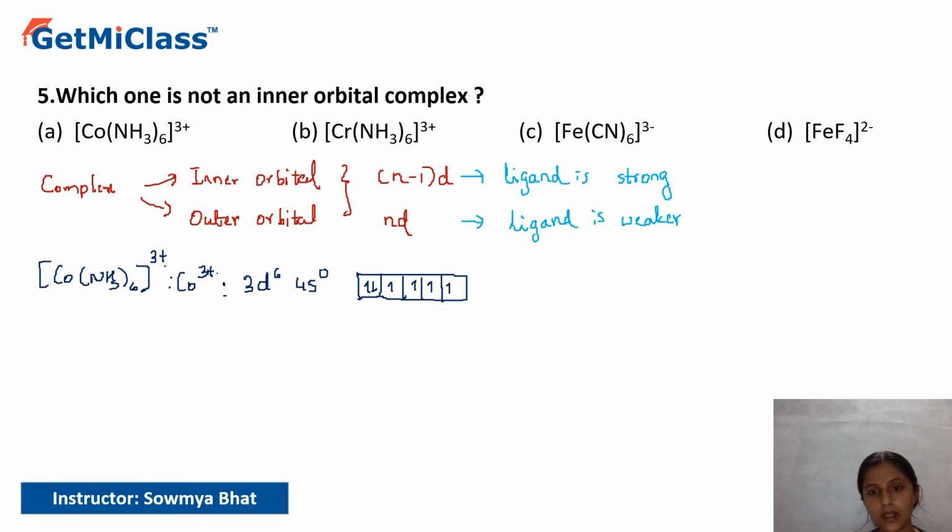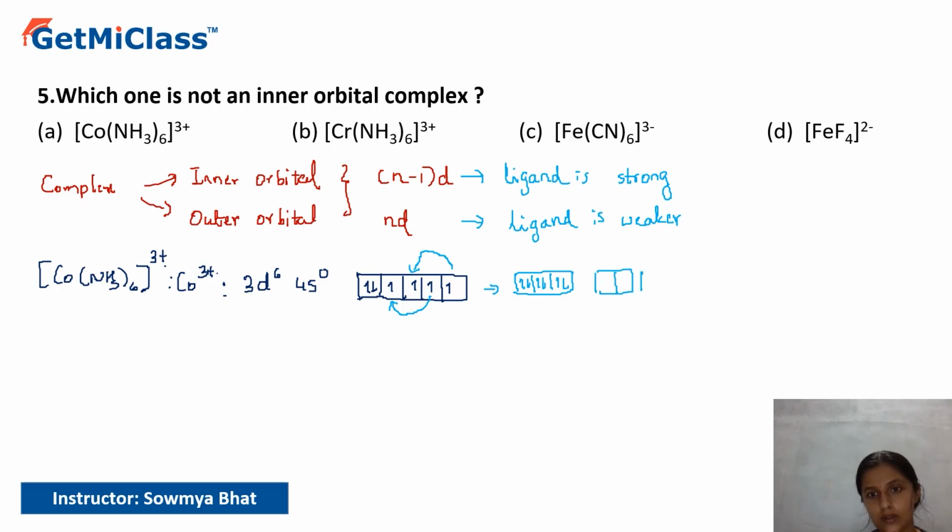Because of the presence of this strong ligand, NH3, these electrons are going to pair up like this. As a result, you have 3 orbitals with 2 electrons each after pairing up, and 2 d orbitals will be remaining.